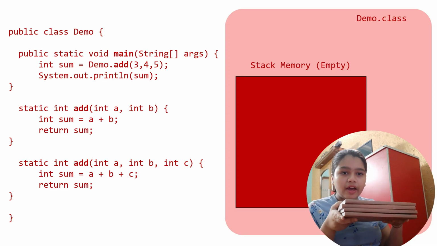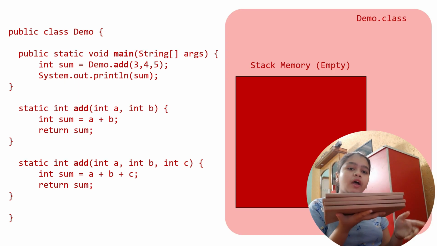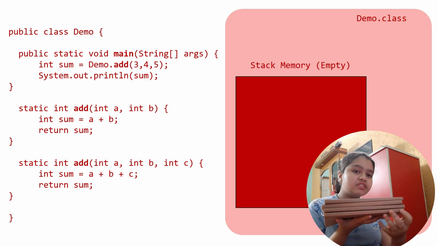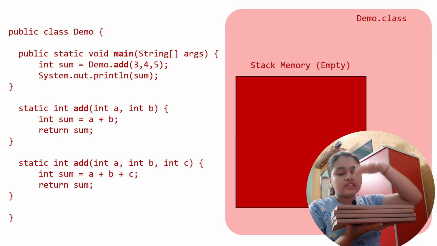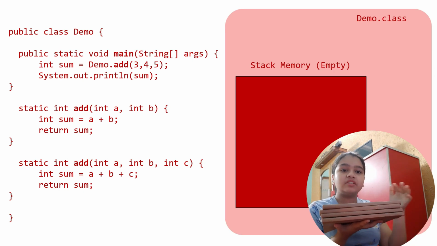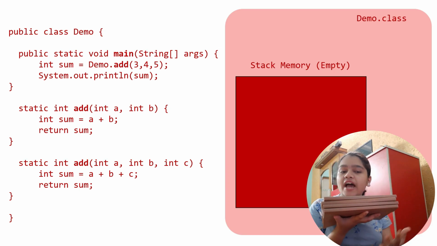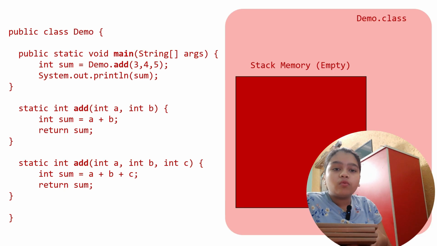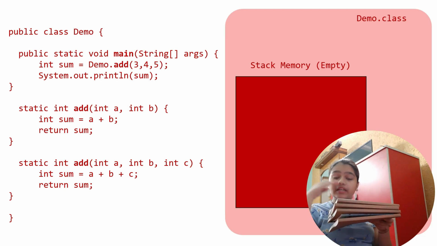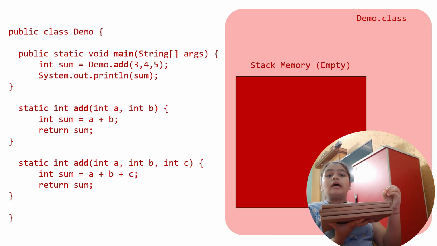So here I am having 4 books, and these books are stacked one on top of the other, right? So this is the structure of a stack memory. Stack frames are stacked on top of one another. And what do these stack frames contain? These stack frames contain methods.